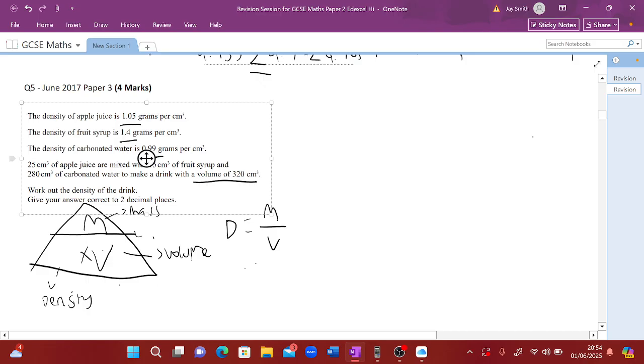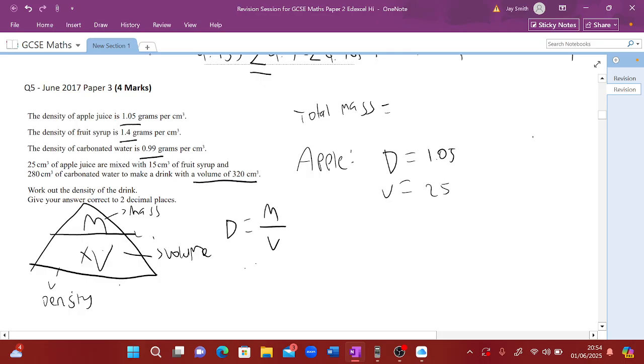So we need to then work out the total mass, don't we? But the total mass we don't have. So we're going to leave that there, but we do have the individual information about the densities and the volumes of each component, right? So let's work with the apple juice first of all. We know that the density is 1.05. We know the volume is 25 centimeters cubed.